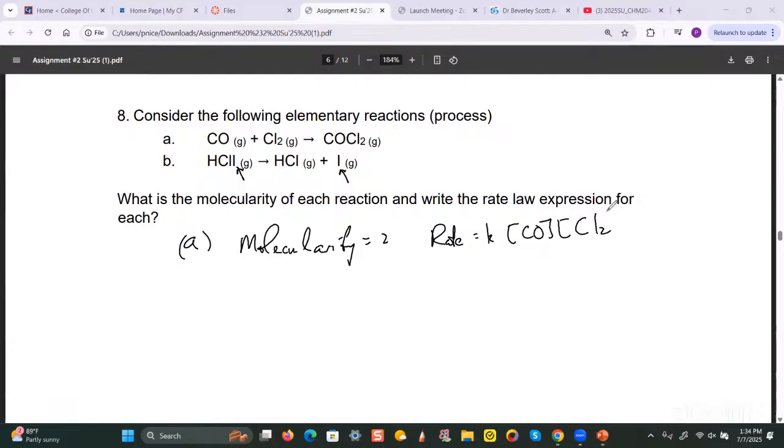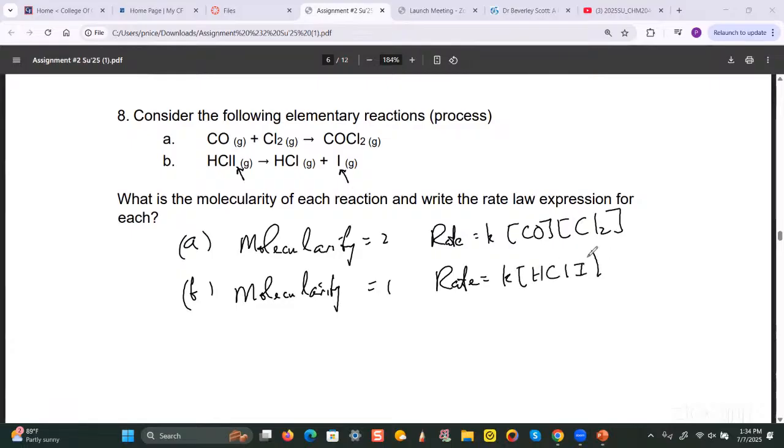What about B? What's the molecularity? 1. You sure? Yeah, you're right, I'm just pulling your leg. It would be 1. And the rate law for that step? K times HClI. All right, that's it for number 8.